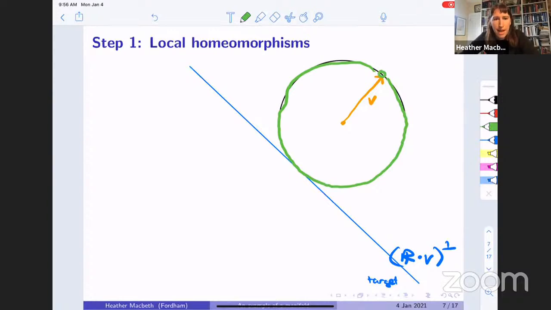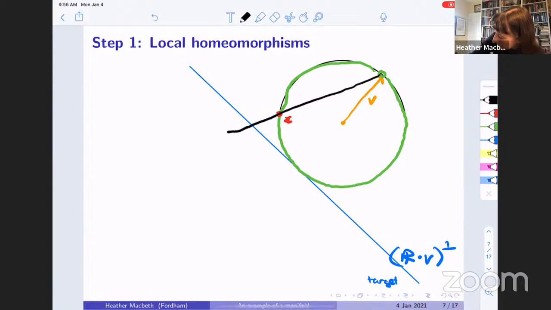And the map is going to take a point x, let's say, and send it off by drawing a line through v and x until I get to where it hits this blue line, and that's where the x is sent to. And I can do this over and over again and figure out where different points go.